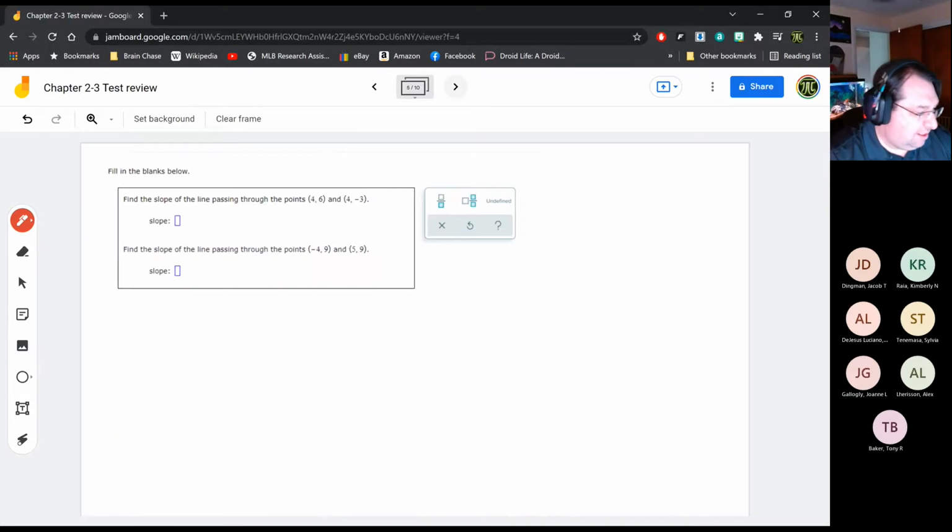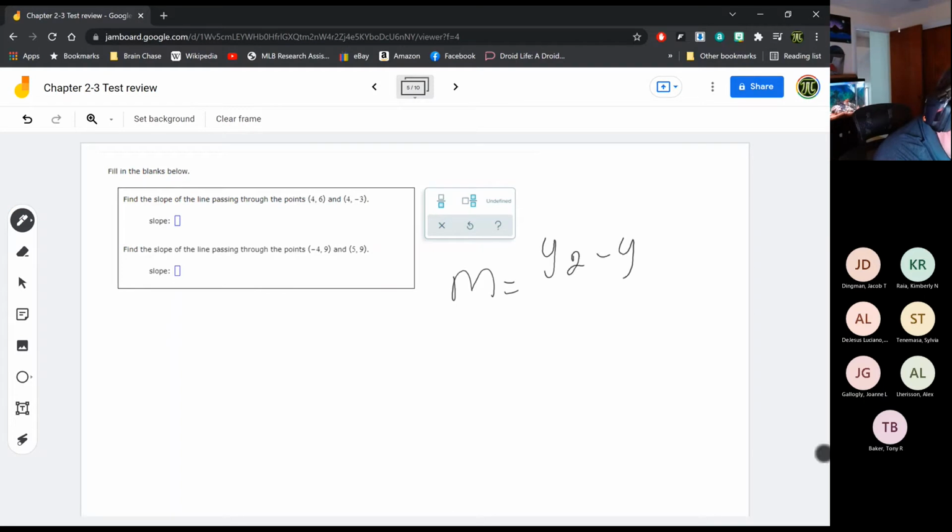All right. Next problem is looking at slope. So remember our slope equation is y2 minus y1 over x2 minus x1. So we have our 2 points. We're going to plug them into my values. So I have 4, 6, and 4, -3.